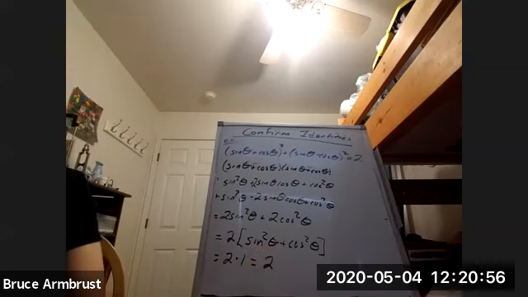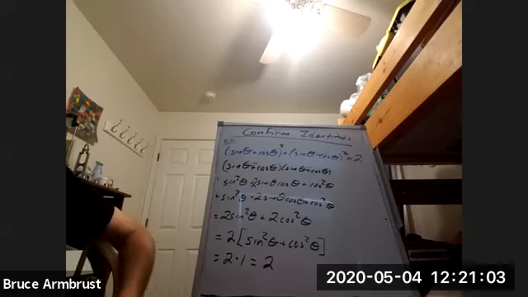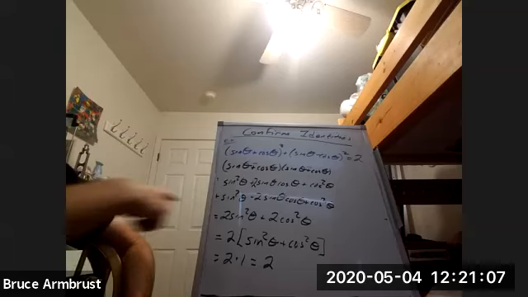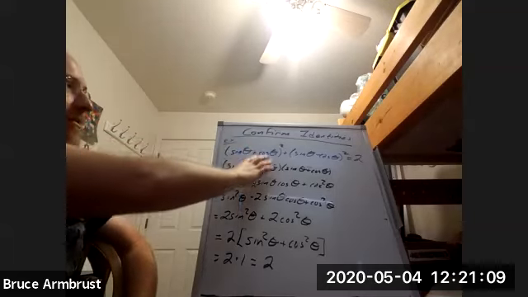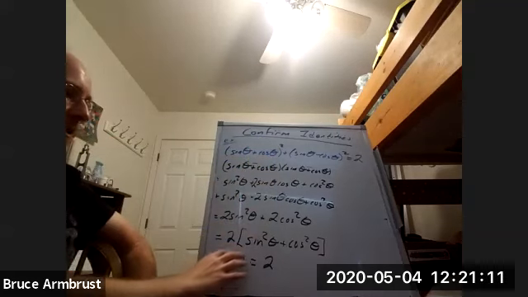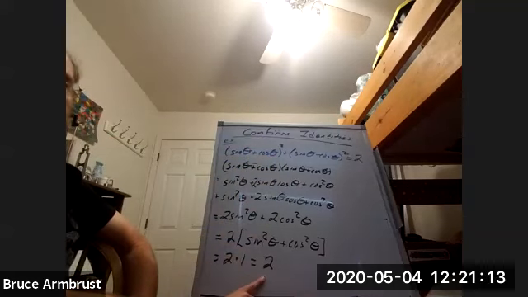And 2 times 1 is equal to 2. So we just confirmed this identity. We showed that it is true. We started with one side and one side only, did all kinds of stuff to it until it eventually turned into the other side.